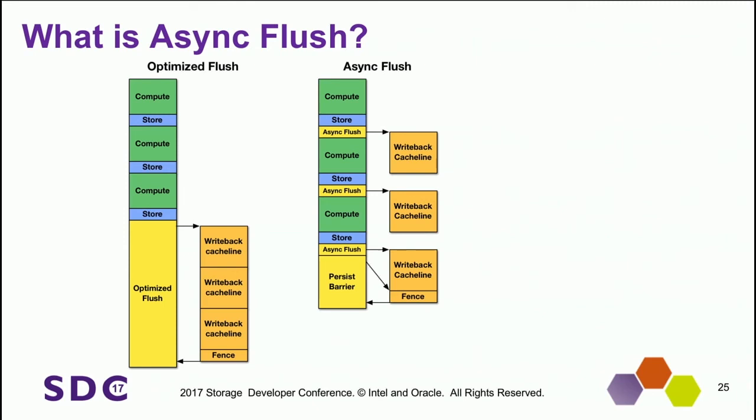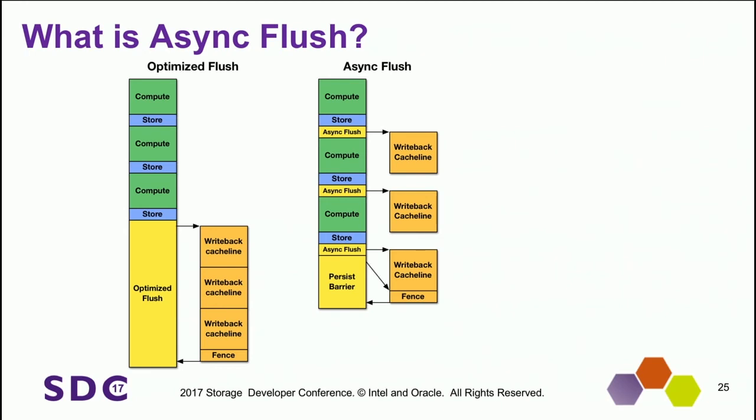So in this model, you would do some computation, do a store to a cache line of persistent memory, and then invoke an asynchronous flush of that cache line. And that allows the hardware to start asynchronously flushing that data back to the persistence domain while your program can continue computation. Then when you get to the point where you need to close the persistence epoch, you invoke a persist barrier.